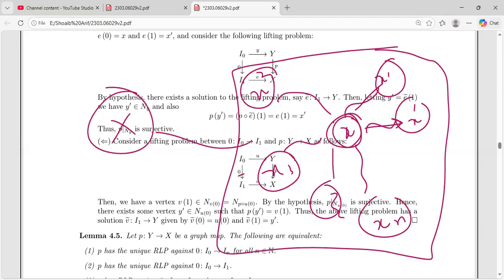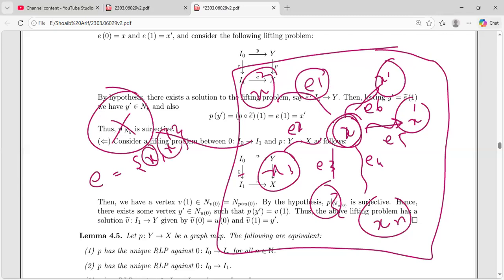And what type of edges belong to this subgraph? Let's say e1, e2, e3, e4, e5, e6. According to the definition of an edge, there are two vertices; the cardinality of an edge is equal to 2. This is the start and this is the end, so one vertex in all edges should be x.